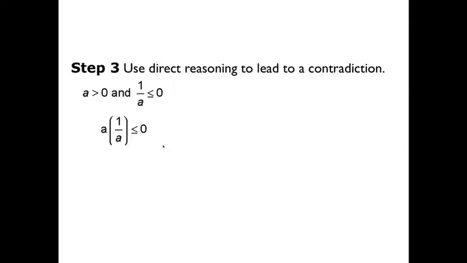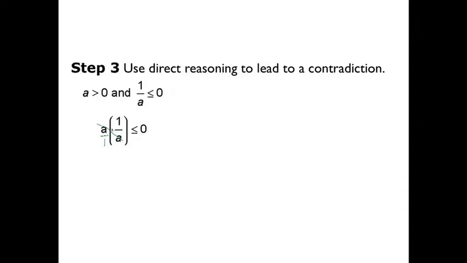Here's where the contradiction comes in. We know that when we multiply two fractions, like in this case, the a could be considered a over 1. So I could put a little 1 underneath here. Well, then what I know is the a on top and the a on bottom are going to cancel.